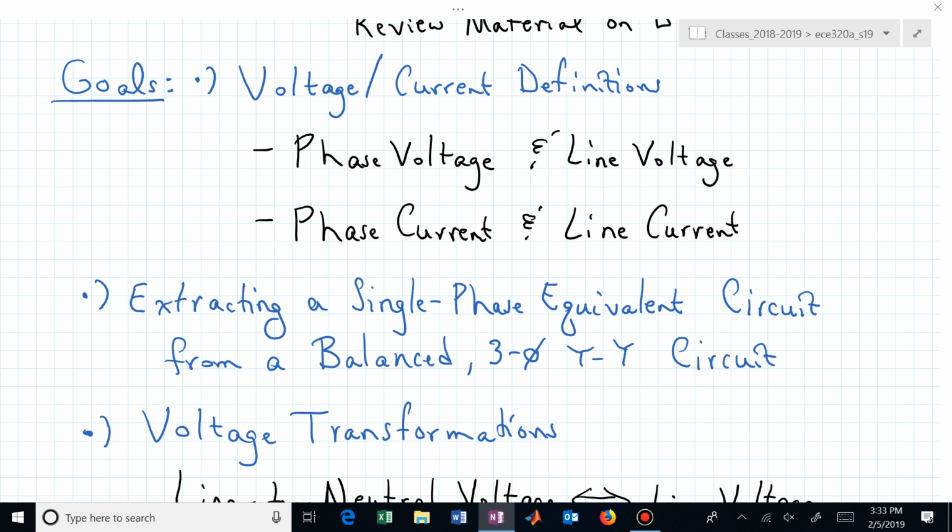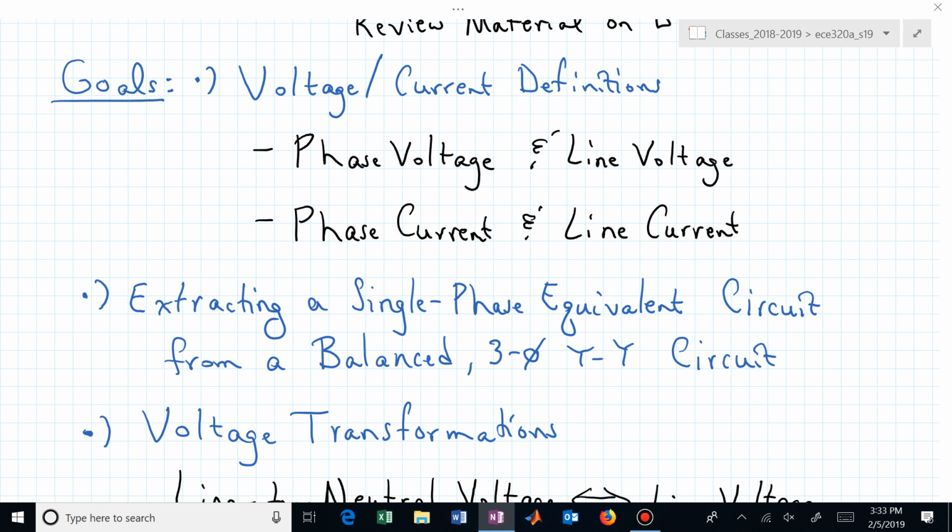Today what I want to talk about is three-phase power, and really making sure that everyone is comfortable with the terminology. And we will define phase voltages and line voltages, and what those mean depend on the connection, whether it's a Y or a delta. So it doesn't always mean a fixed thing what the phase voltage is.